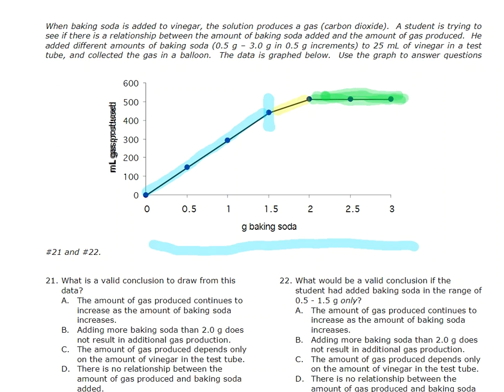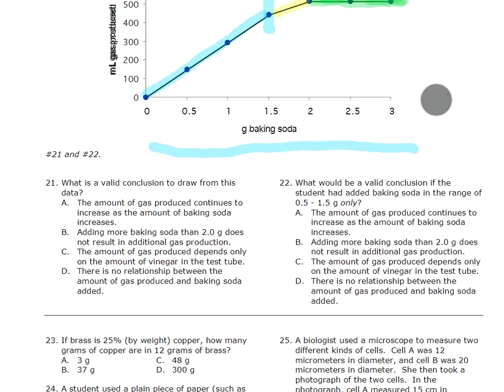They used a constant amount of vinegar, which was 25 milliliters in the test tube, sorry, not beaker, in order to capture the gas. So which is a valid conclusion? The amount of gas produced increases as the amount of baking soda increases. Well, that part was valid up to 1.5, but then it didn't happen thereafter, so we can't make that conclusion.